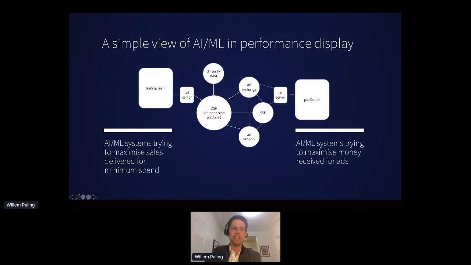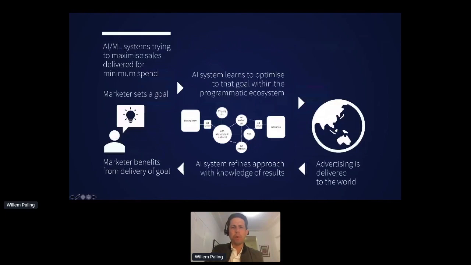And on the other side, we've got AI and machine learning systems trying to maximize the sales delivered for the minimum spend. So how it should be set up is that the marketer sets a goal, the AI system learns to optimize to that goal within a programmatic ecosystem. That goal is probably more sales. Advertising is delivered to the world, and an AI system refines their approach to delivery of advertising with knowledge of the results. And the marketer benefits from more sales being delivered by the AI algorithm.